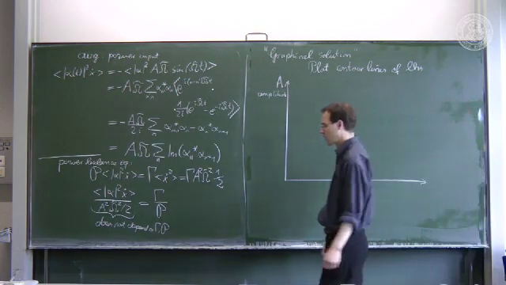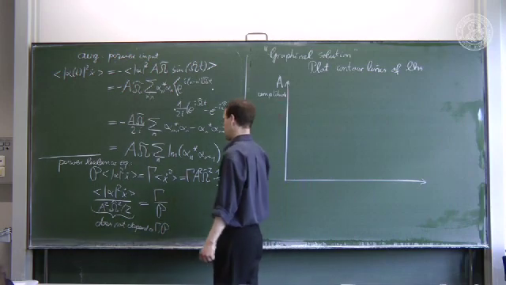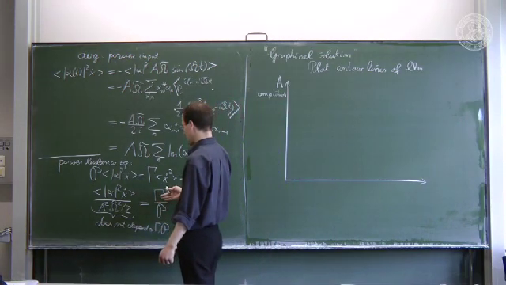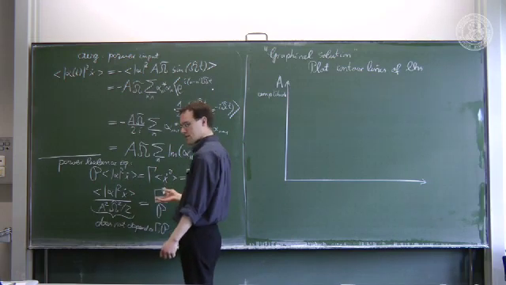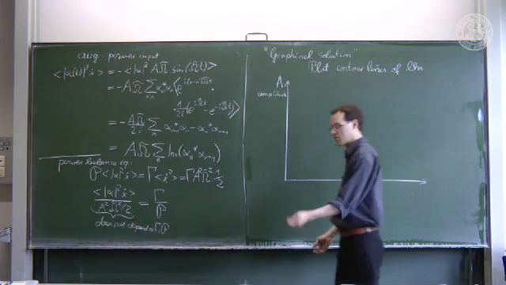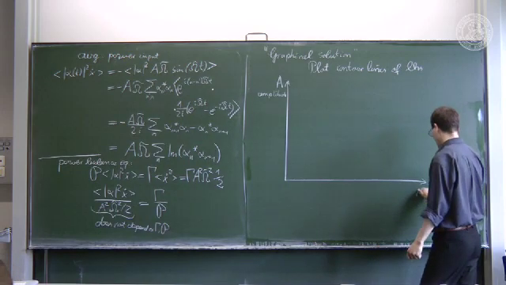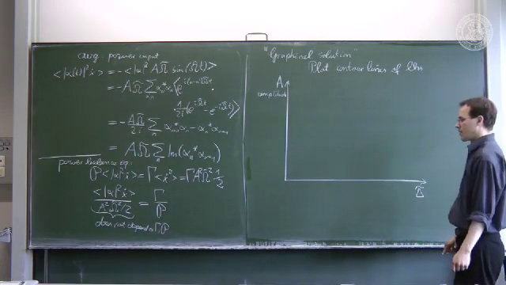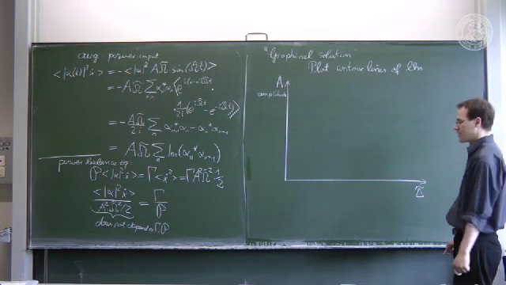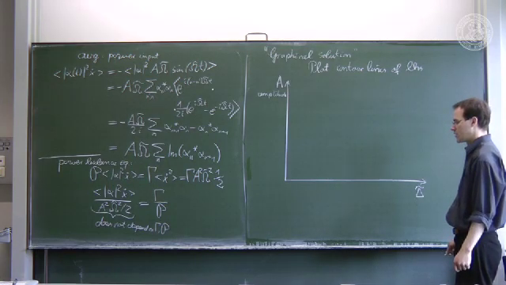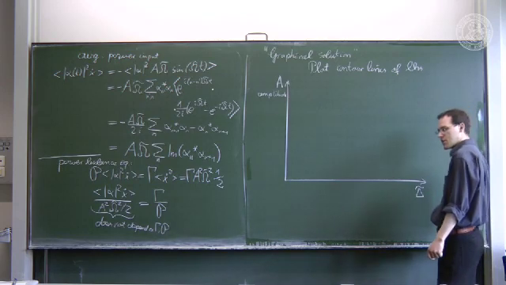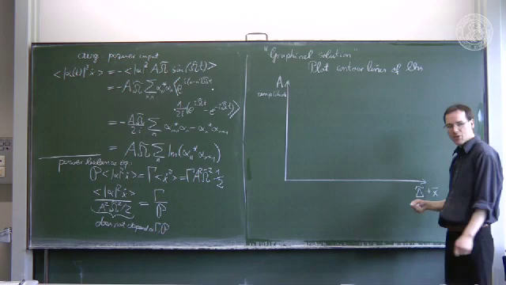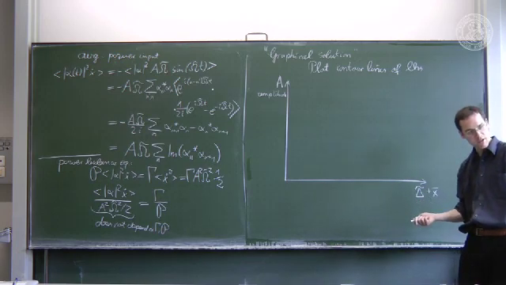For example, I could use the power, but that's not so convenient in view of the structure of this equation, or else I simply can use the detuning, and that's an interesting parameter. More precisely, I can even do things completely generally by not plotting the detuning delta, but adding this x bar, which of course we don't yet know, that would have to be found from the other equations.